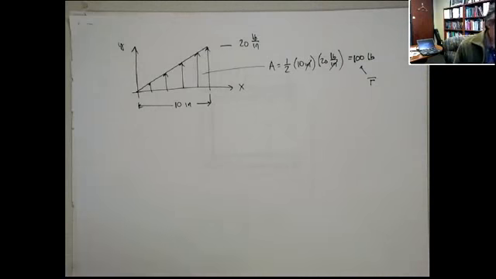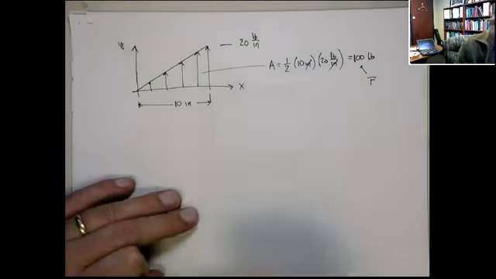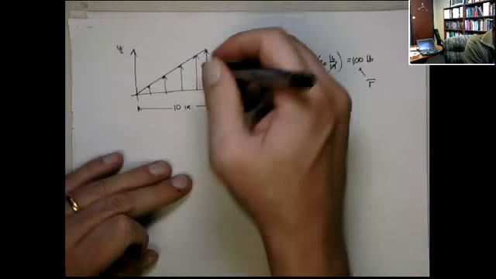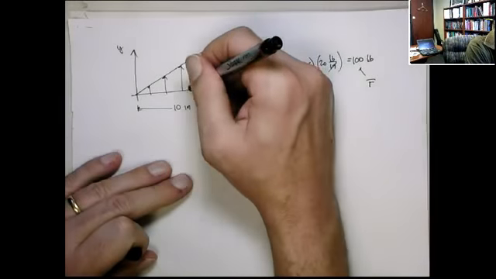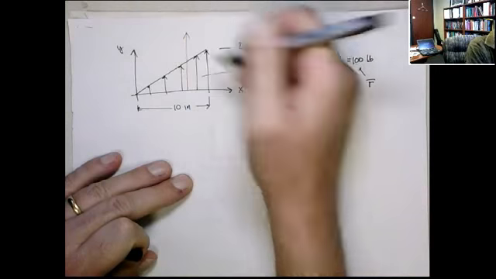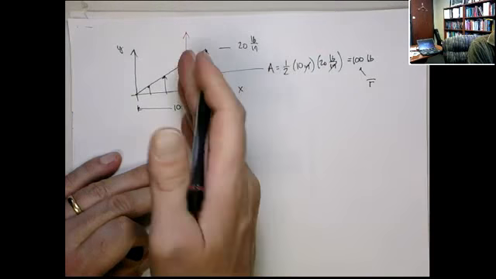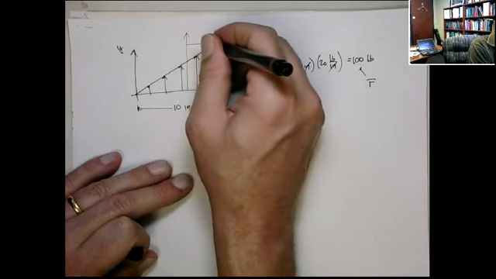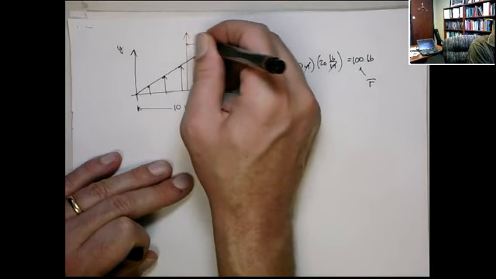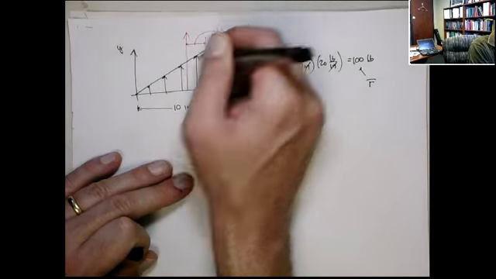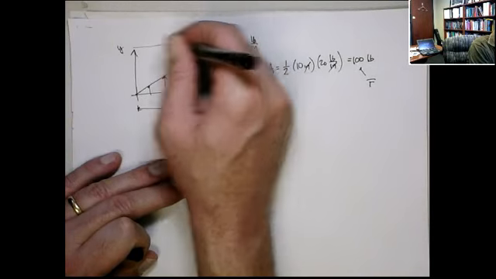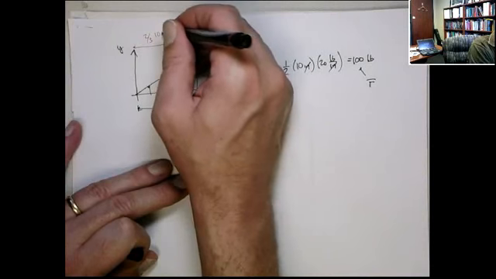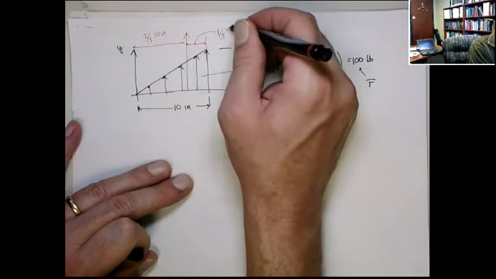Now, where is it located? All right. Well, this one's probably worth memorizing. For a triangle, it's by thirds, right? And obviously, it's going to be closer to the higher end. So it's 1/3 here, and then 2/3 there, times the length, so it's 2/3 of 10 inches, 1/3 of 10 inches.